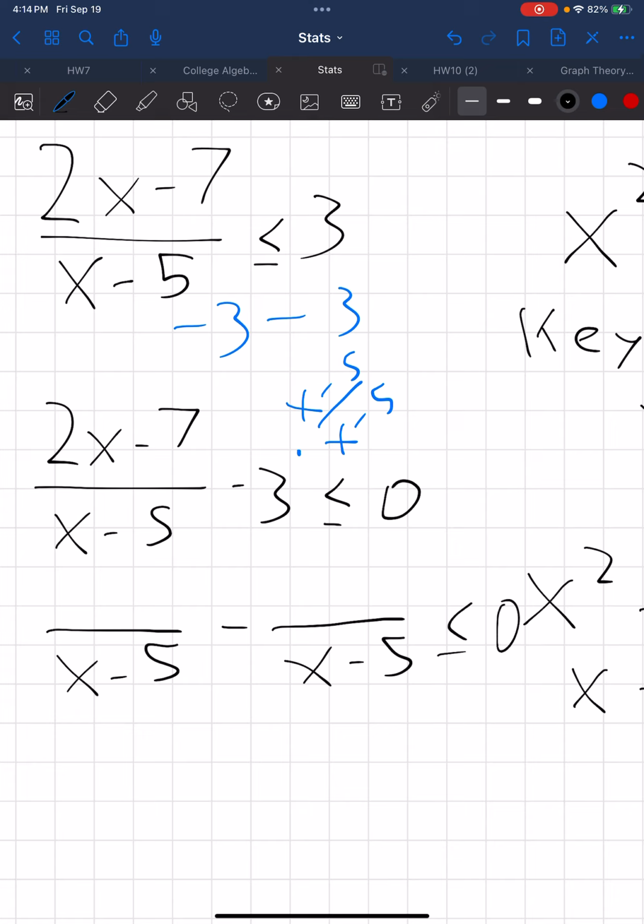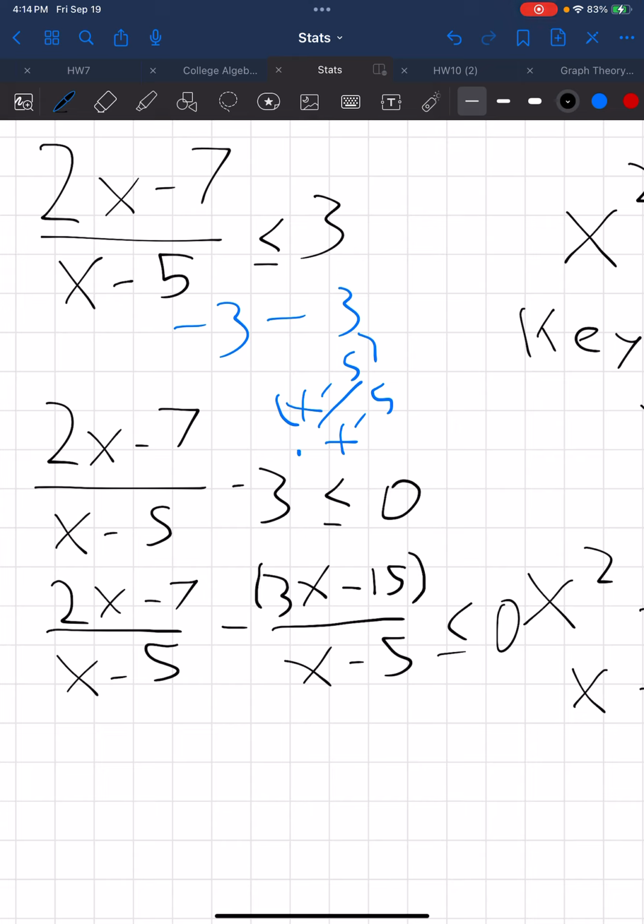On top, I'm going to get 3 times x minus 5, but I want to be extra careful and remind us we need to distribute this, so that turns into 3x, and then 3 times negative 5 gives me negative 15. Now that they both have the same denominator, I can combine these, but I am subtracting the right fraction from the left, so I need to distribute this minus sign to both pieces.